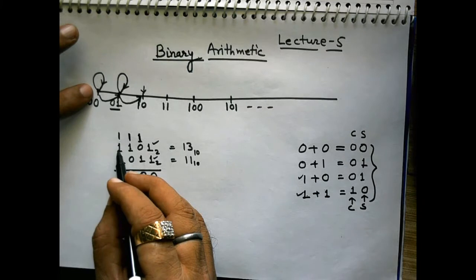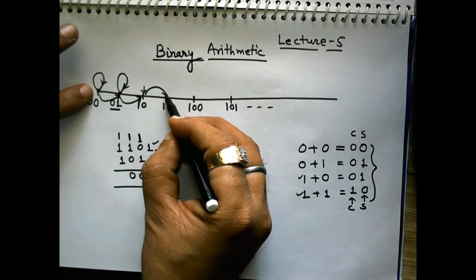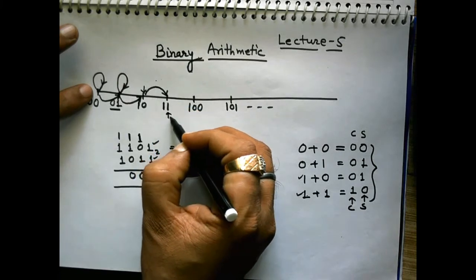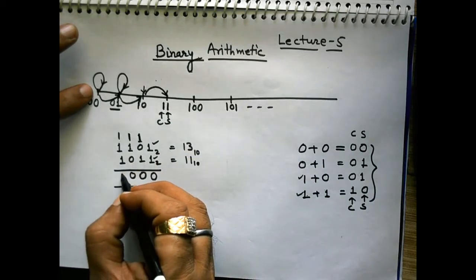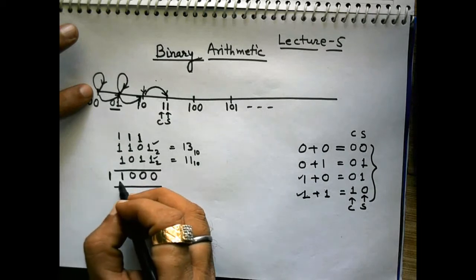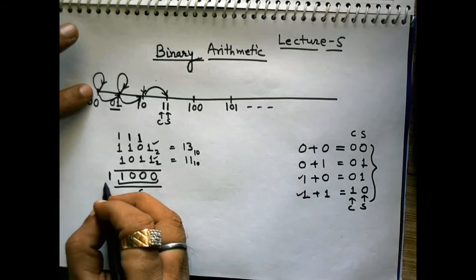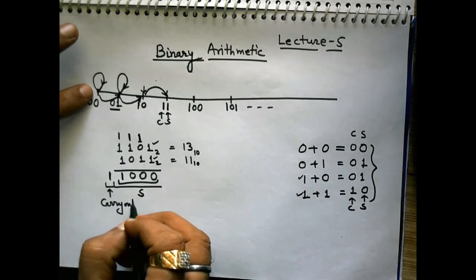Here 1 added with 1, the result is 10, and if we are at the position of 10 and have to further add 1, this results in a sum of 1 and a carry of 1. So these are the final sum bits and this is the carry out bit of the addition.